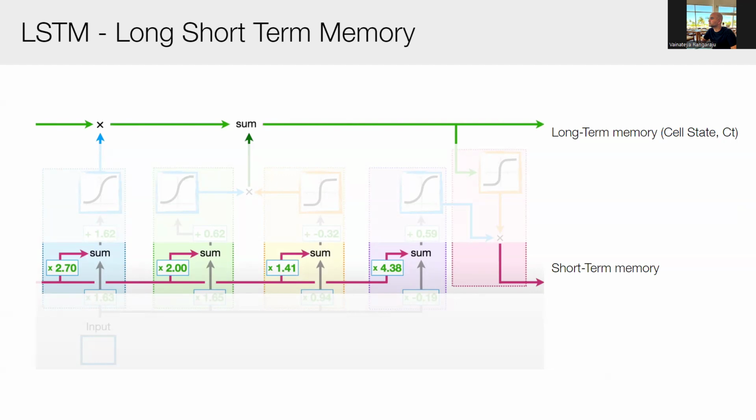This is our long-term hidden state, if you will. This is our long-term memory. We call this the cell state, C_t. At the bottom here, we have another passage of information flowing through. This is going to be our short-term memory. So the green line is long-term memory, and the purple line is short-term memory.